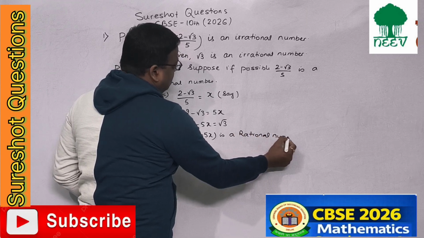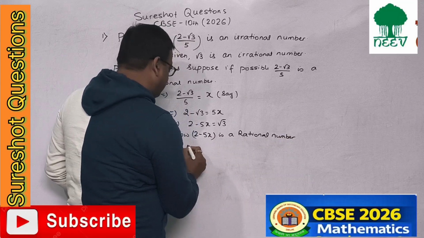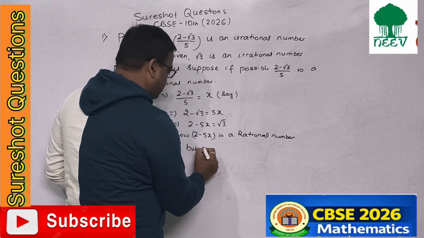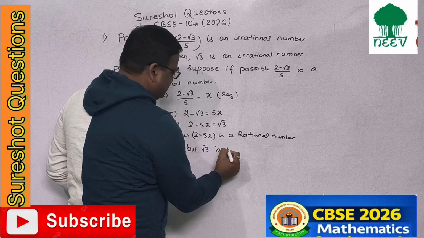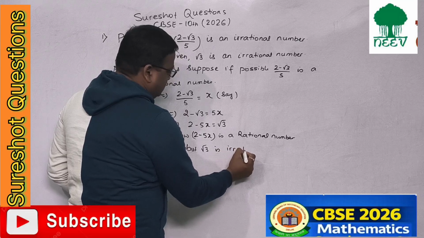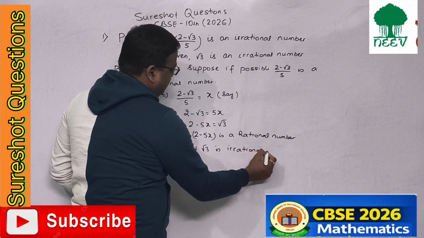So, this complete 2 minus 5x is a rational number, but root 3 is irrational number.